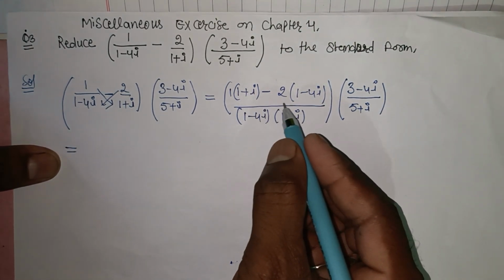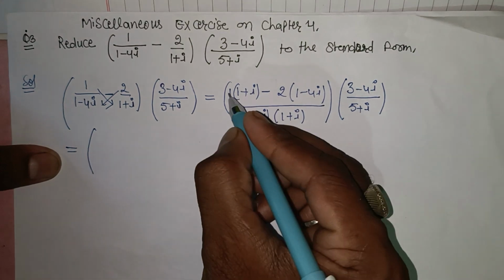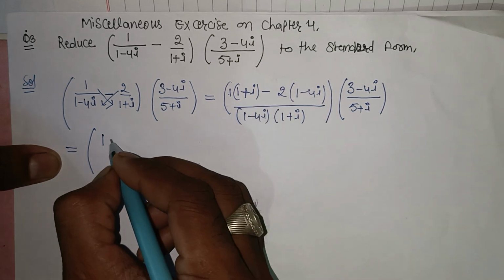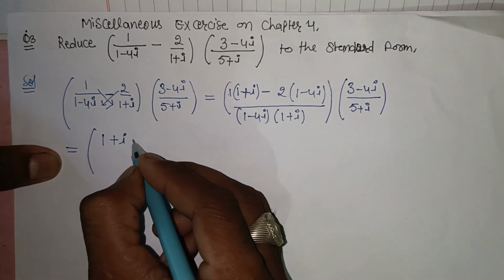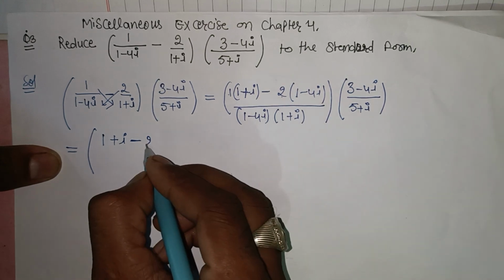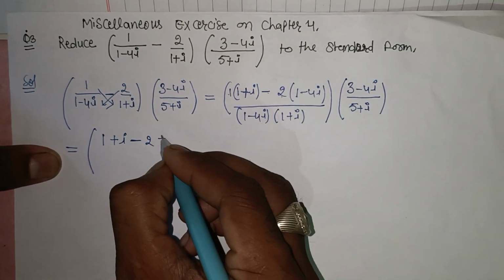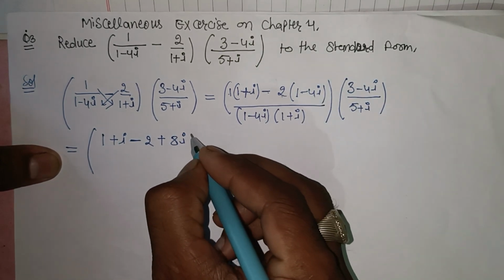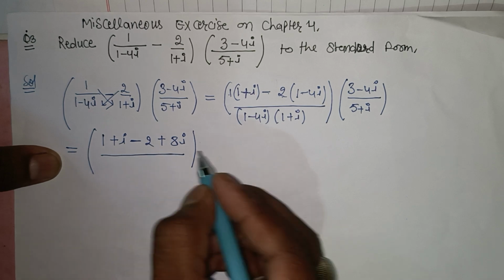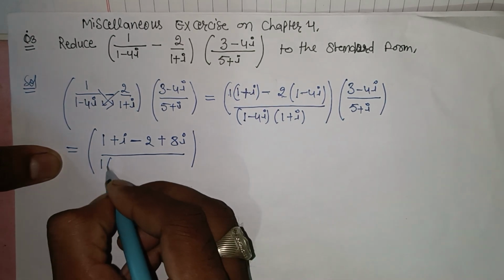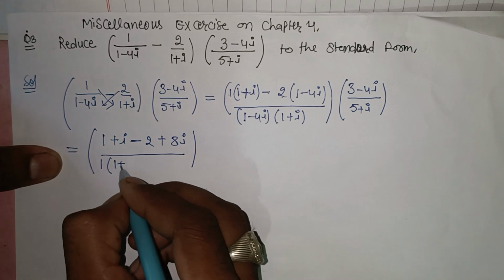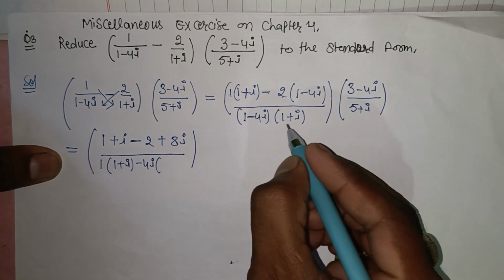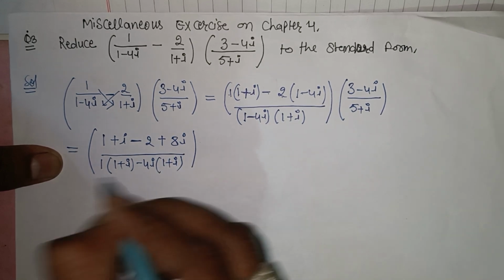Now it can be simplified as 1 ones are 1 plus 1 into iota, that is iota, minus 2 ones are 2, then minus minus plus, and 2 fours are 8 iota, upon 1 into 1 plus iota, then minus 4 iota into 1 plus iota.